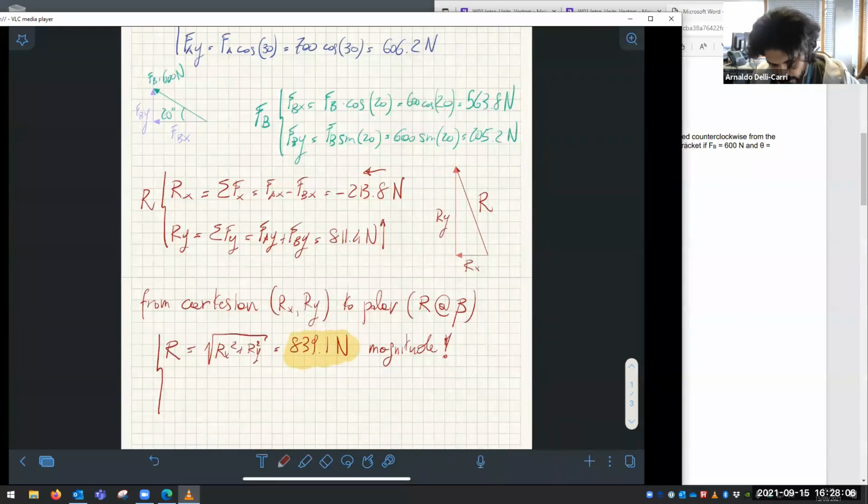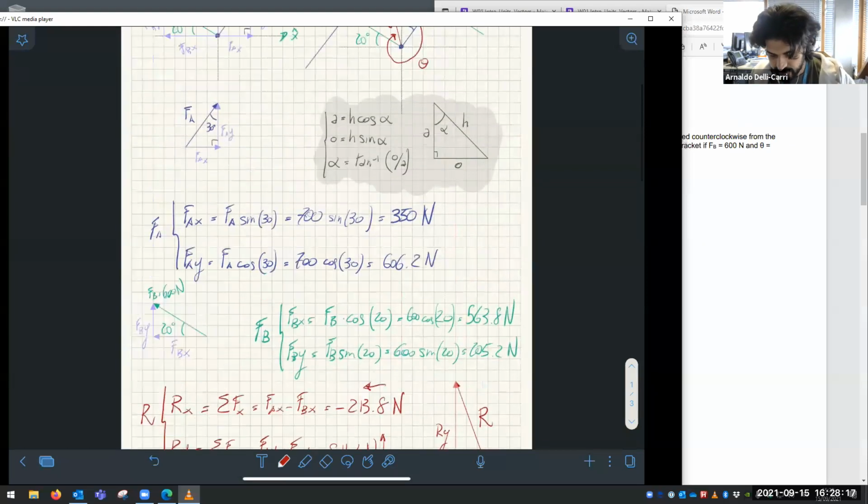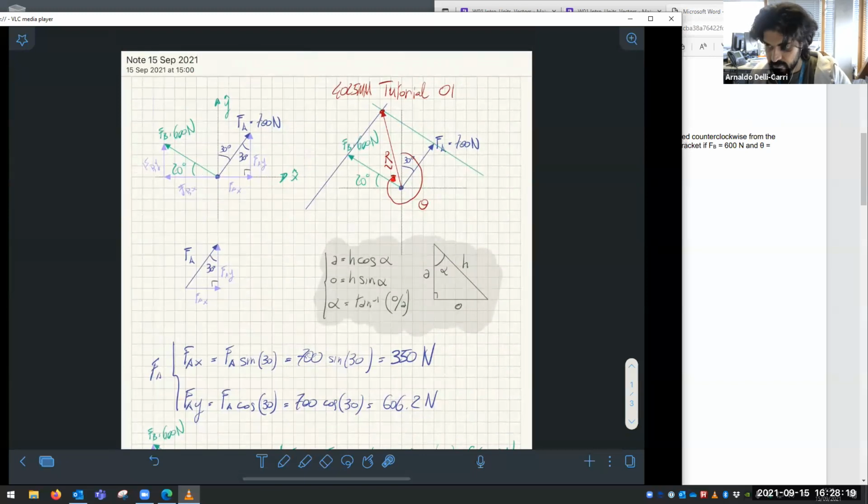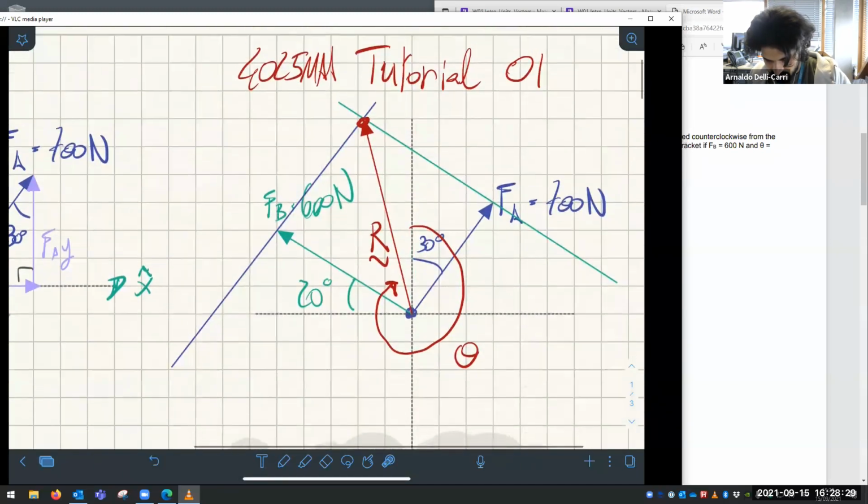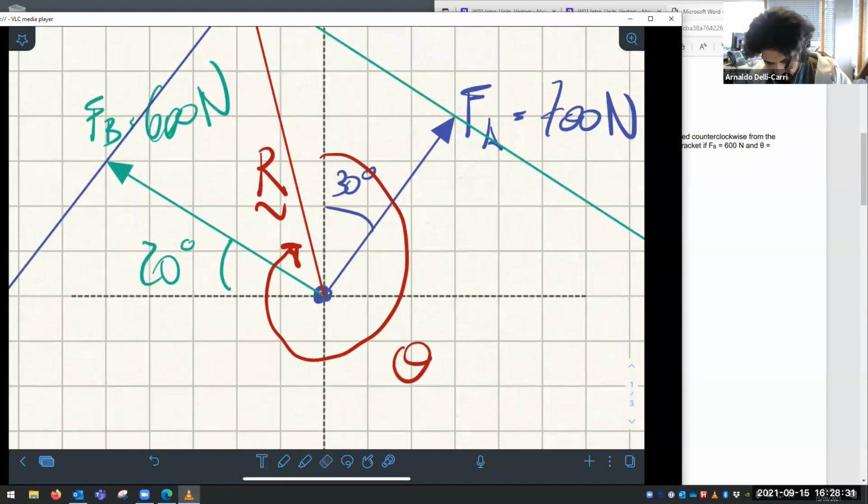How do I find the angle? Sorry, I called it beta. Beta is this one. We want to find this angle here, but this angle here is 270 degrees plus this. Let me spell it for you.